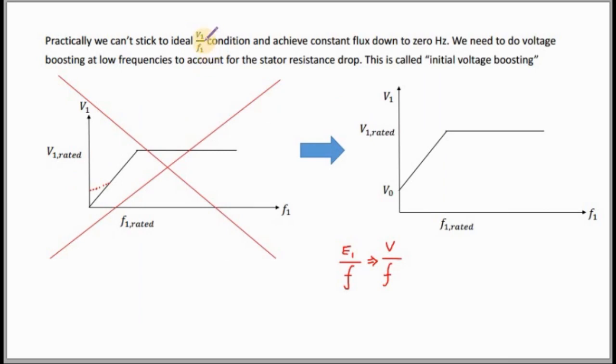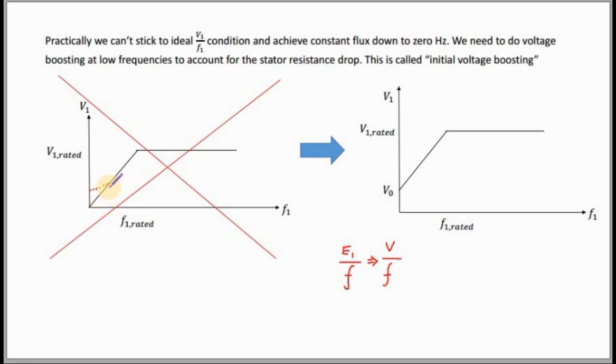Since we need to account for the stator voltage drop, we need to apply more voltage across the motor terminals. So this can be your V1 divided by F1 ratio, so it's a constant.